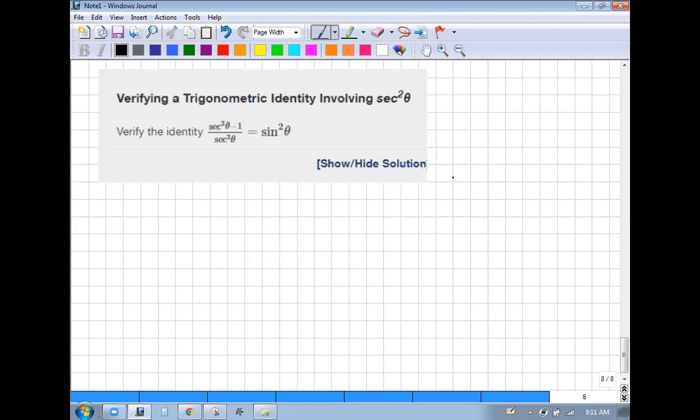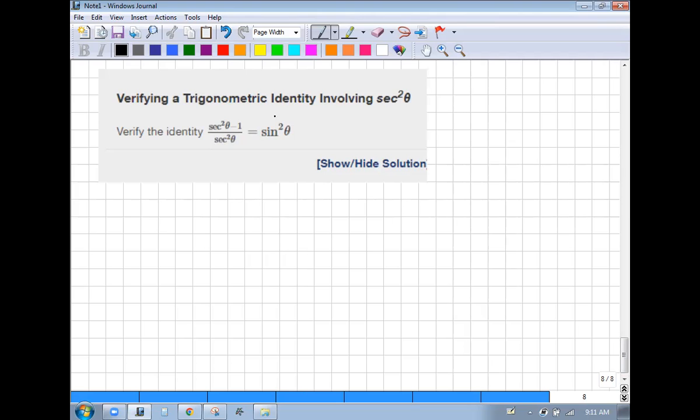All right. This problem has two different trig functions, secant and sine. Now, I could turn secant into 1 over cosine, but then I'd still have two different trig functions. Then I'd have cosine and sine instead of secant and sine. So that's not really going to simplify stuff.